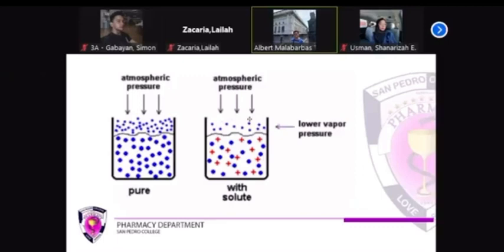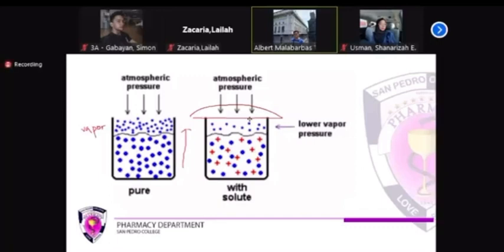For example, when you boil water and put a cover on the pot, eventually the liquid will evaporate into gas. The gas, referring to your vapor, exerts a certain type of pressure. So we call that vapor pressure.